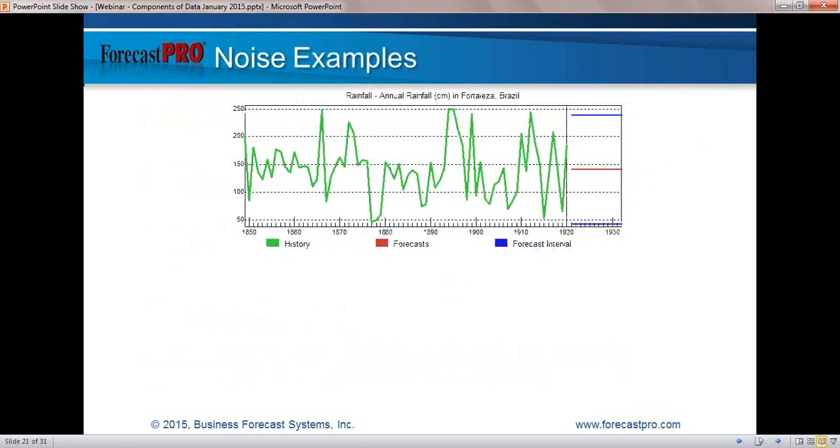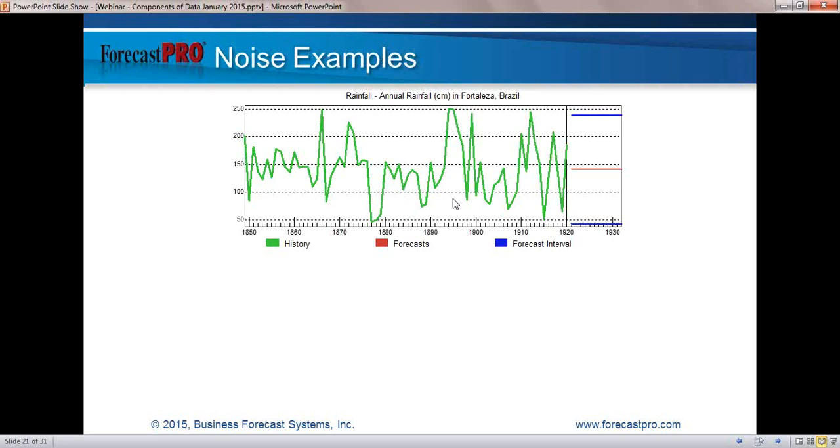Here's an example. This is an annual data set. It is centimeters of rainfall in a certain region in Brazil where it rains a lot. As we look at the data, it's averaging about 150 centimeters per year. But any given year, it might jump around quite a bit. Here's 250 centimeters. Here's only 50.